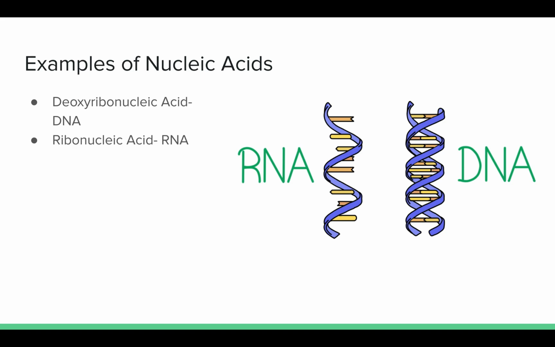Your DNA is what serves to make you who you are. That's where all your genetic information is stored from that last slide. And your RNA is what helps build that DNA and what also helps build the proteins that we talked about in the last slide.